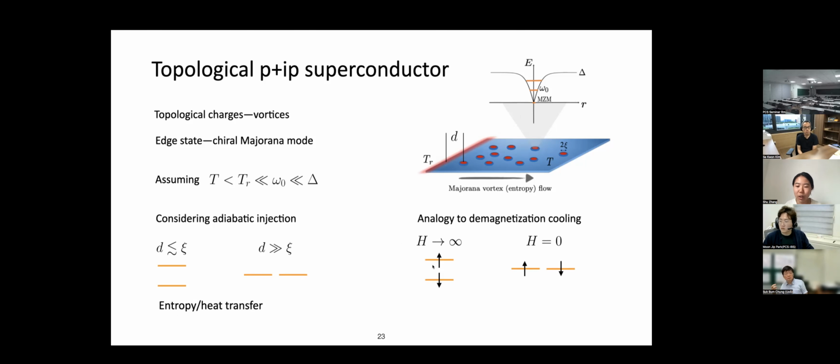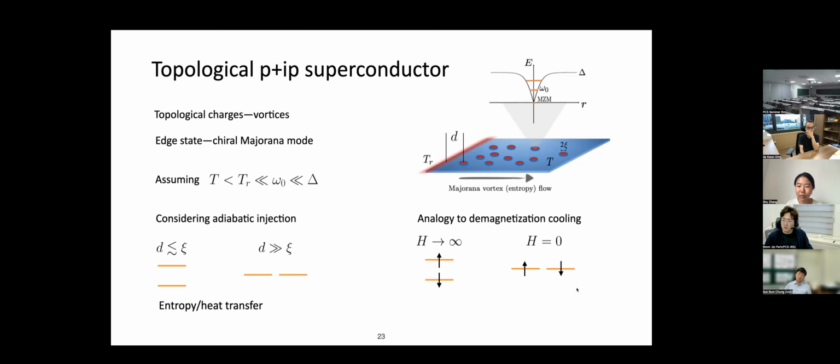When you have a spin 1/2 system inside an infinitely large magnetic field, spin up and spin down states are separated. So the ground state is unique. But when you take away the magnetic field, spin up and spin down become degenerate, and the entropy is exactly the entropy of 1 qubit.